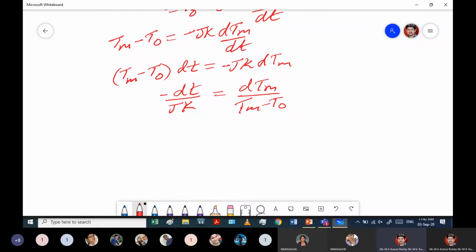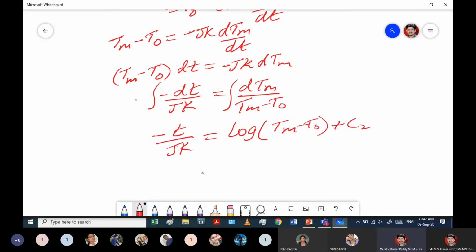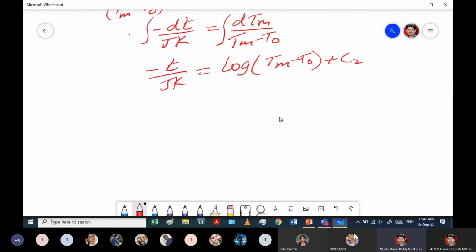Now integrate both sides. Minus t by JK is equal to log of Tm minus T naught plus constant C2. C1 is the constant in derivation 1 and C2 is the constant in derivation 2.